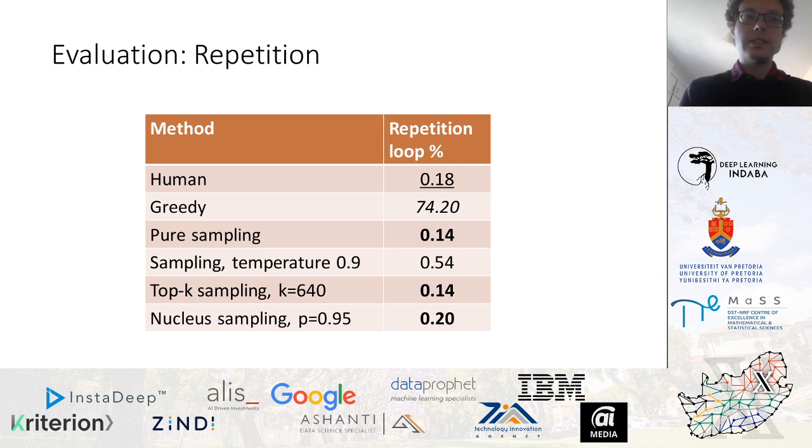This shows that maximization-based decoding is extremely repetitive, as in the results it ends up in a loop almost 75% of the time, while sampling-based generations are very close to the human distribution, with a very low probability of occurrence of this repetitive loop.